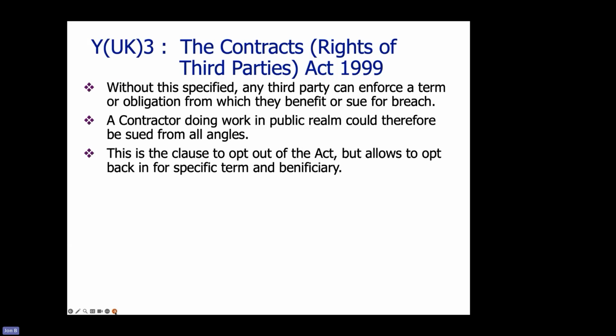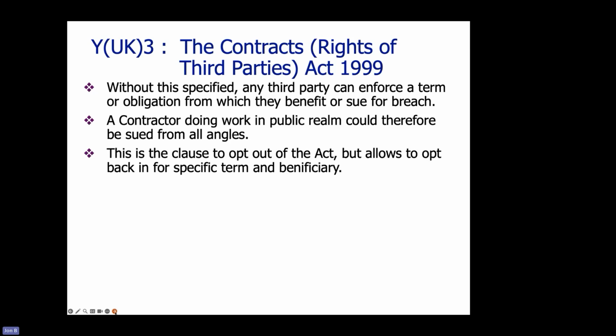Contracts rights of third parties was brought in to try and reduce the reliance on collateral warranties. Without this act specified in the UK, any third party who gets a benefit from the contract can either enforce that term, so go to the courts and get the courts to say do it, or sue the contractor directly for not doing it.